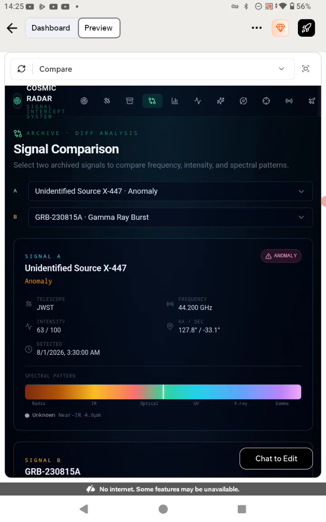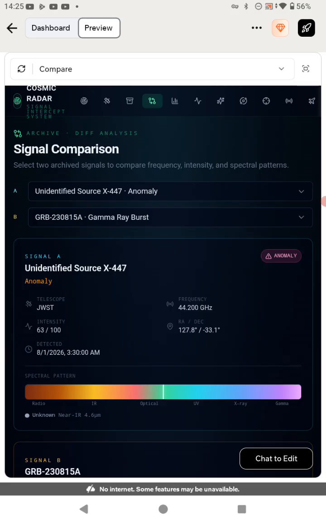Okay. Signal comparison. Unidentified source X-447 anomaly, GRB-230815A gamma ray burst.